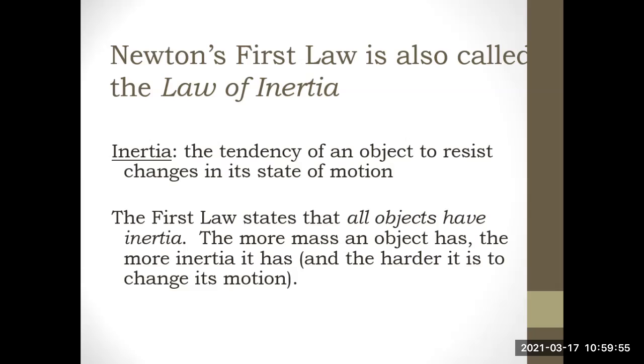So the tendency of that object which makes it resist the change in its motion. If it is sitting stationary, it will stay stationary, that tendency. If it is moving with a constant velocity, that tendency of moving in constant velocity only. Okay, so that tendency of an object to resist change, resist means to oppose any change, any change in its state of motion, that is known as what, student?